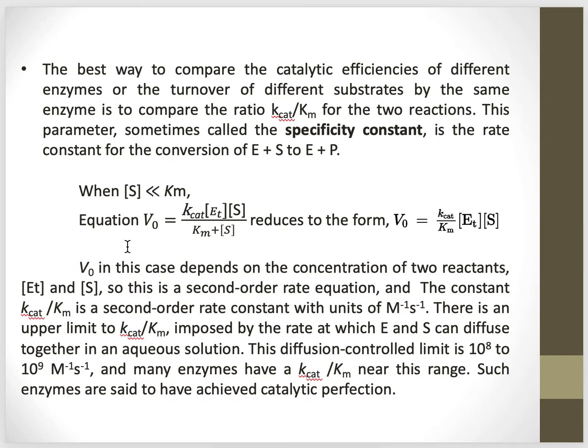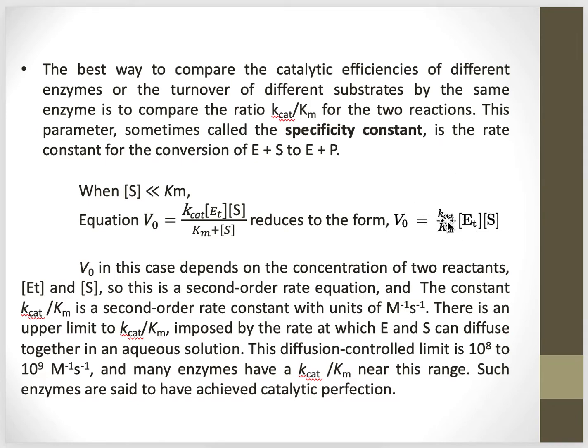Now for this equation, V0 depends on the concentration of two reactants, the Et and S. Although E is the enzyme, we can consider it as a substrate, because the substrate and enzyme are reacting. Both are regarded as substrates.